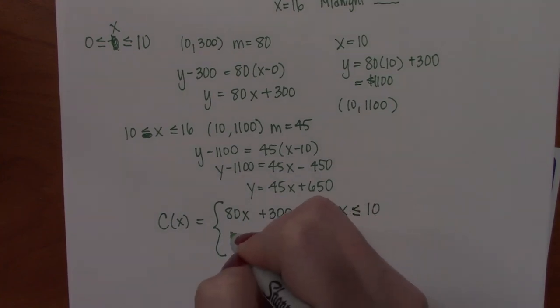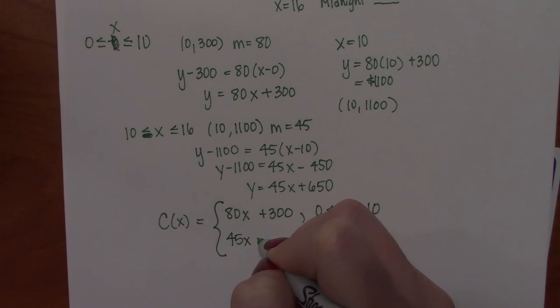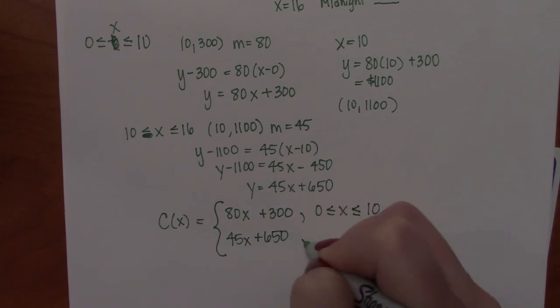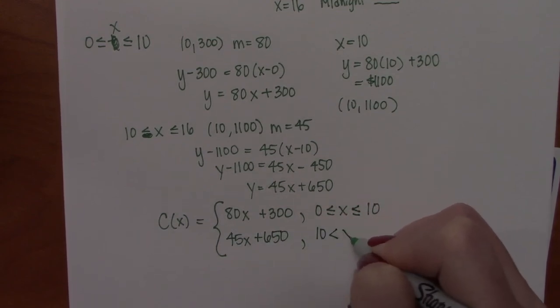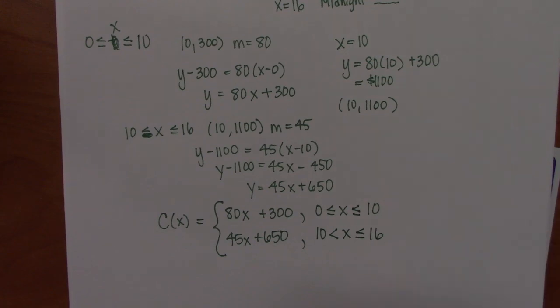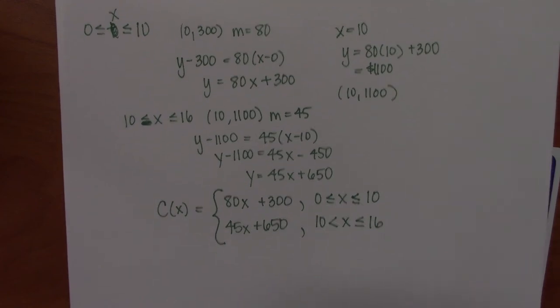The second line is 45x plus 650, and that is from hour 10 to hour 16. So just like with the cell phone problem, if we plotted these two graphs, we would see they intersect at the 10th hour.